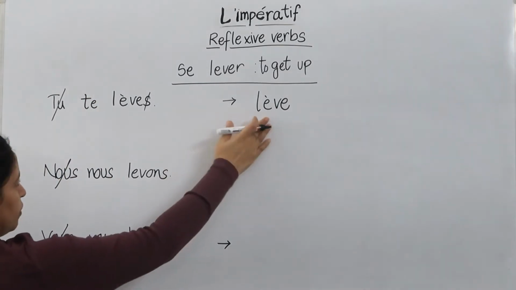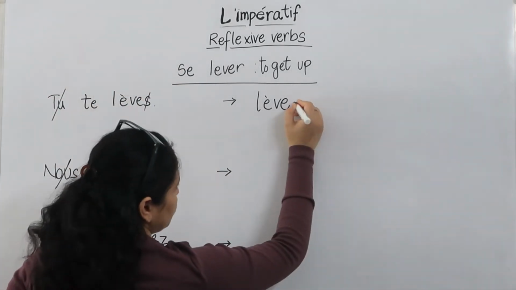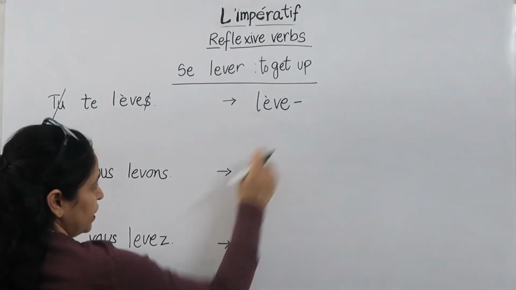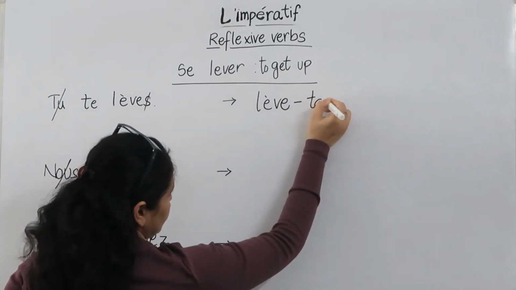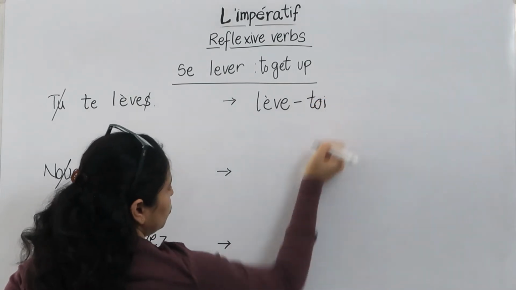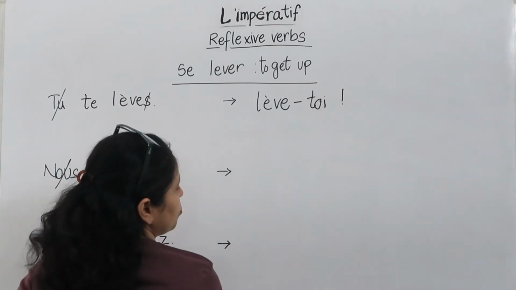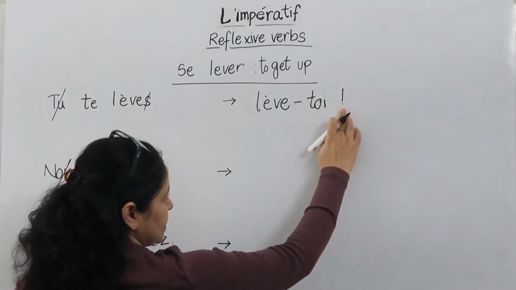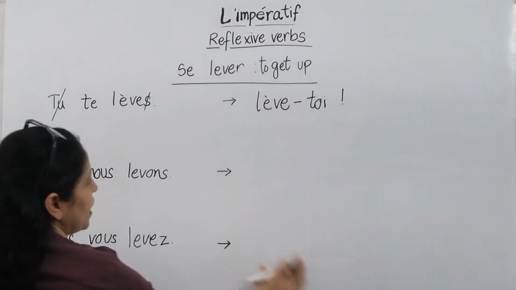We only need the verb, so we'll bring them at the back. When we write them here, we have to put a hyphen in the middle. And te will be written as toi, the stressed pronoun: lève-toi. And the last rule we have learned is that we have to put an exclamation sign. Lève-toi! Now it is a command: get up.